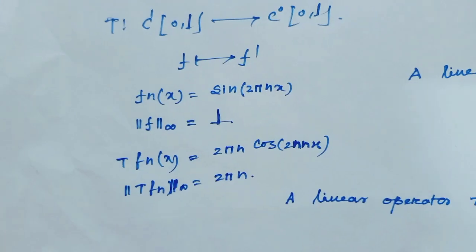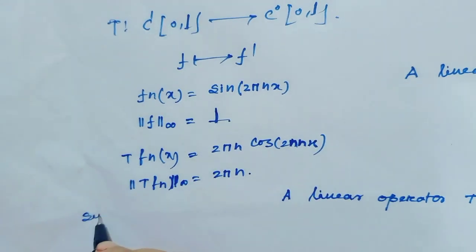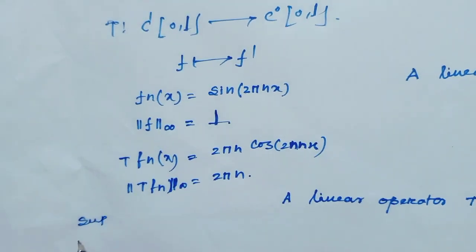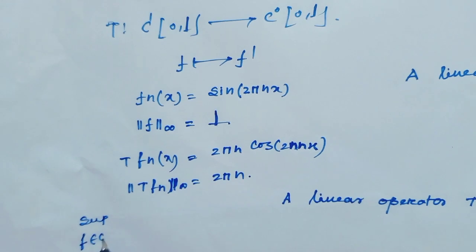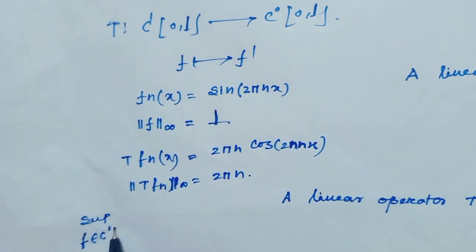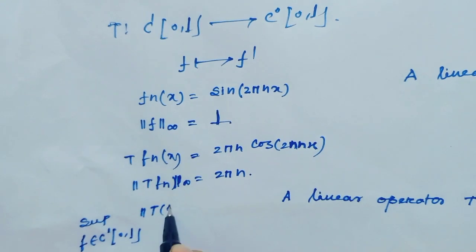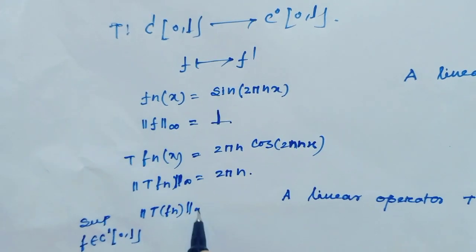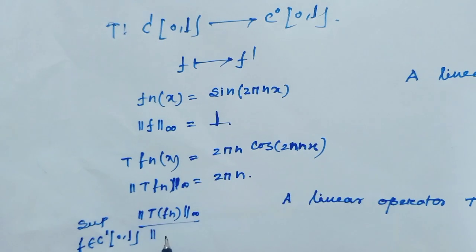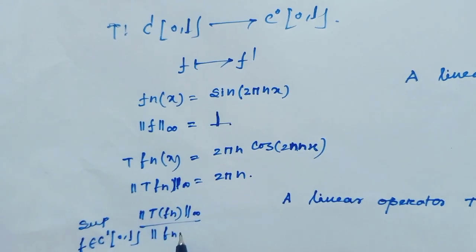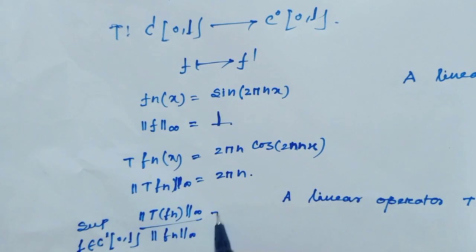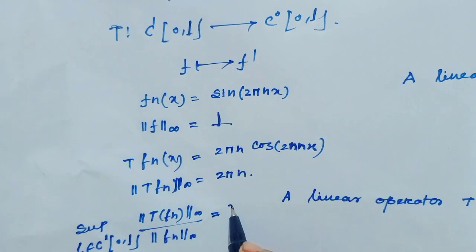Therefore, the supremum over f belonging to the domain C^1[0,1] of the norm of T f_n with respect to the sup norm over the norm of f_n with respect to the sup norm would be 2 pi n over 1.